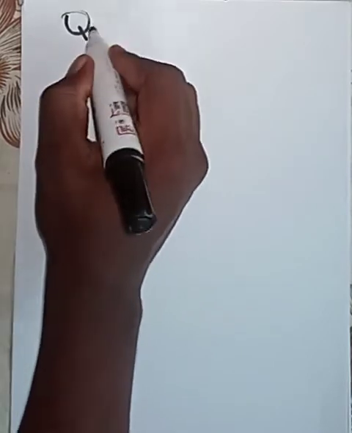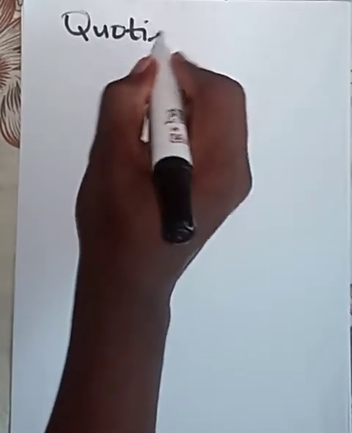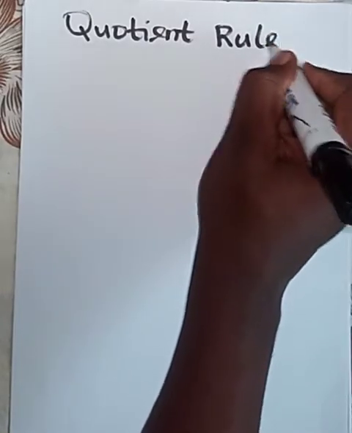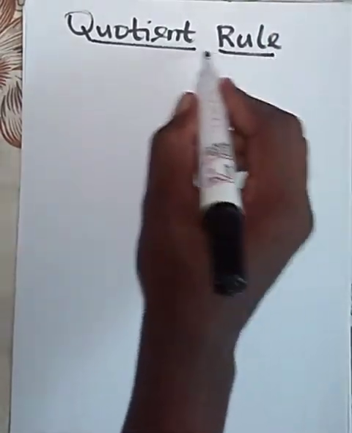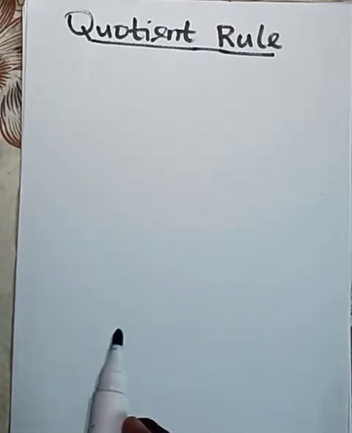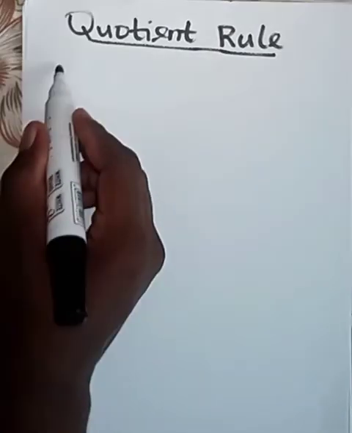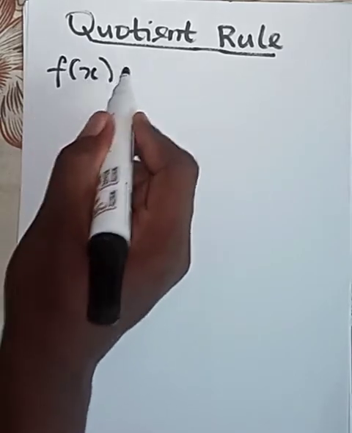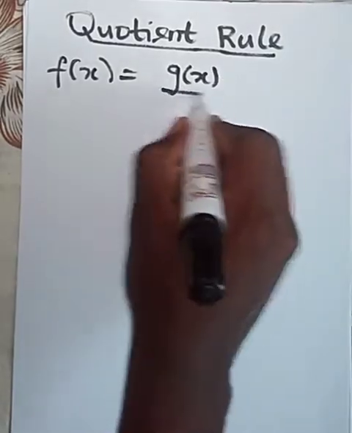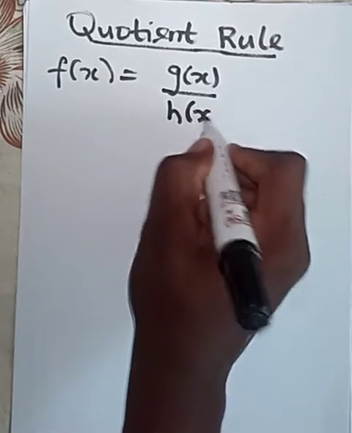So today we're going to go into another technique of differentiation, which is going to be the quotient rule. The quotient rule here simply has to do with functions defined such as f of x, where we have maybe a certain g of x over h of x.